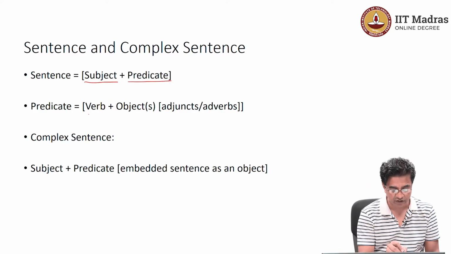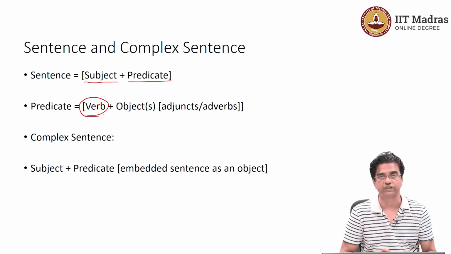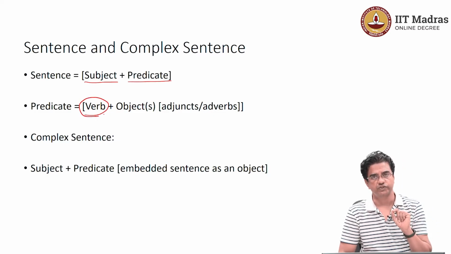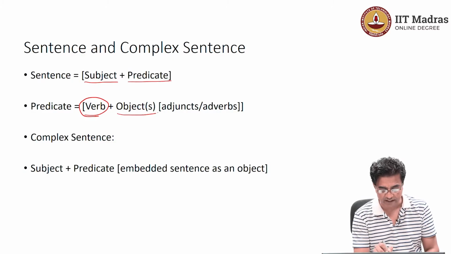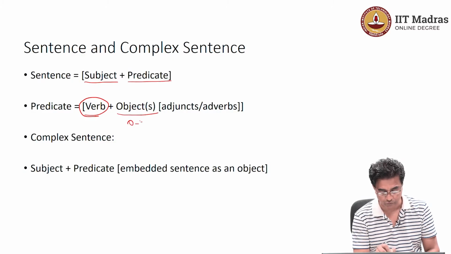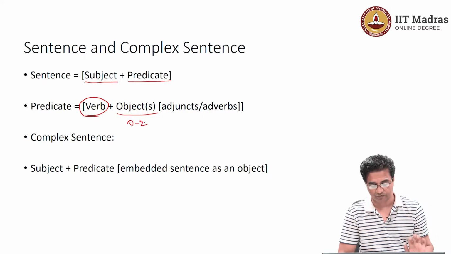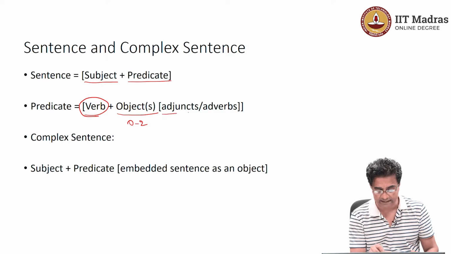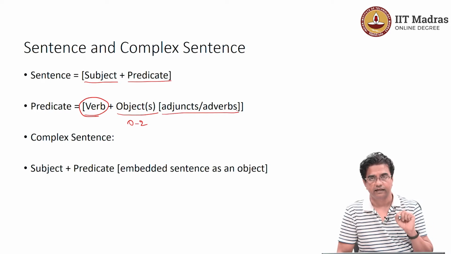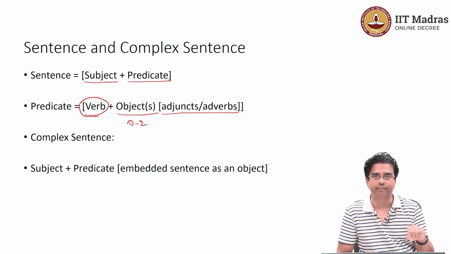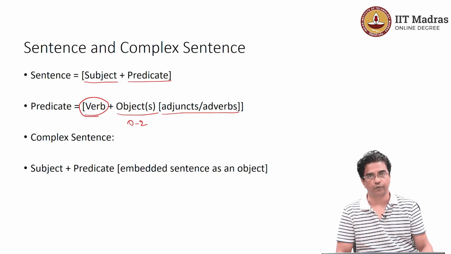Within a predicate, we have a verb as the most crucial element. Crucial because the number of objects, from 0 to 2, is dependent upon the nature of the verb, and adjuncts in a sentence say something about verbs, give us additional information about verbs.